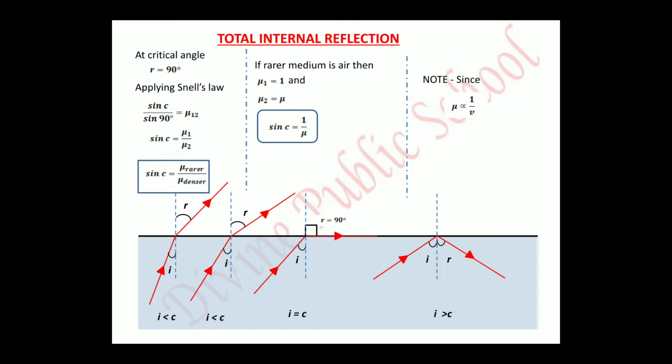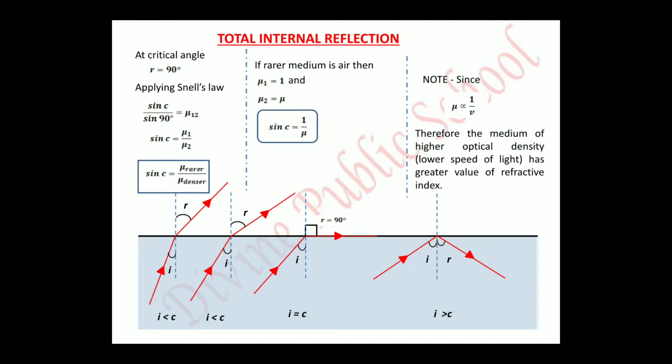So optical density is actually represented by the refractive index only. If a medium has greater optical density, obviously its refractive index will be greater. So we write that the medium of higher optical density, that means lower speed of light, has a greater value of refractive index. We must remember, suppose we have been given two refractive indices, one is 1.2, another is 1.4, and we are asked which medium has higher optical density.